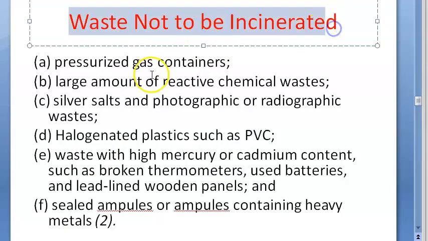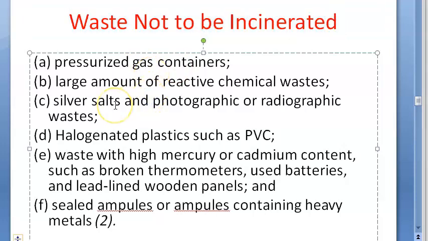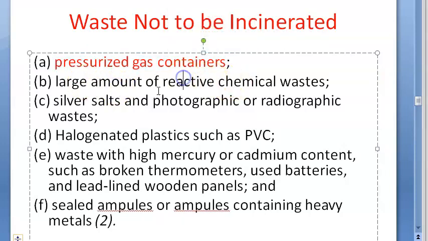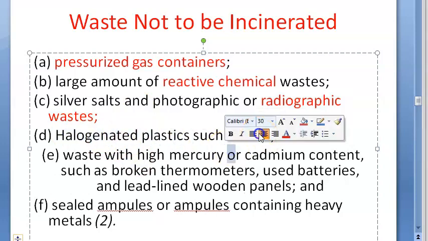Waste that should not be incinerated. Obviously, everything that you want to recycle, reuse, you will not incinerate, isn't it? And pressurized gas containers, would you put them in the fire? No, not at all. Large amount of reactive chemical waste. Will you put reactive chemicals? No, you will not try to burn them. Silver salts, photographic or radiographic. Will you try to burn radiographic waste? Halogenated plastics, you will not burn.